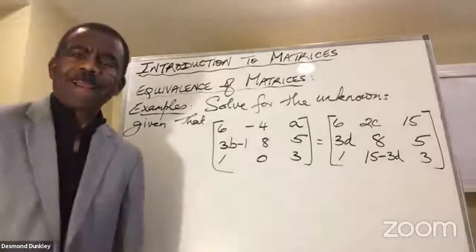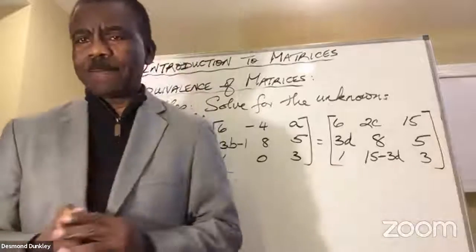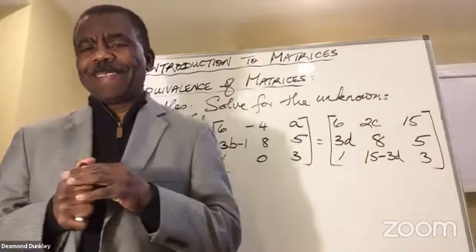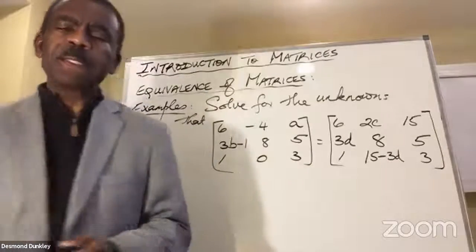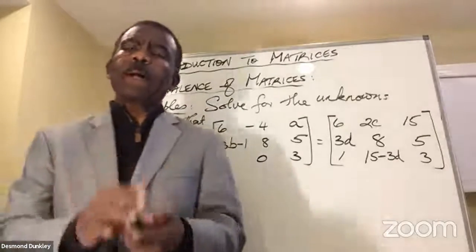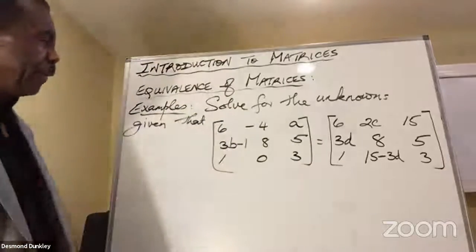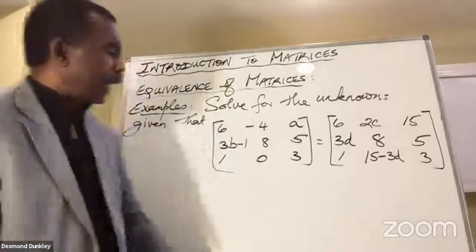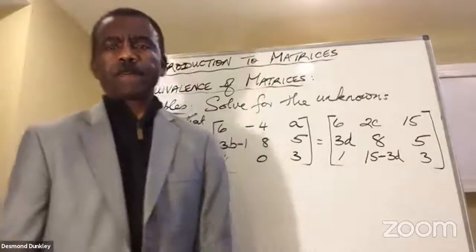Okay. I just went all the way in to try and create confusion. That's what I do. I create rigor. I create confusion. So I can take a very simple concept and make it very complicated. So let's look at what we have here. We are told that this matrix is equal to that matrix.